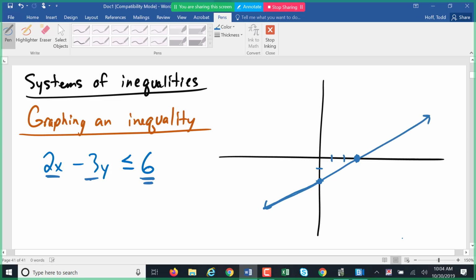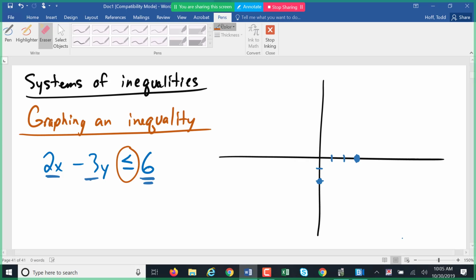And I really should double check the inequality symbol here. Less than or equal to means that numbers that are on the line are part of the solution. What that means is it can be a solid line like I have it drawn in there. Didn't draw it very straight though, so let me try that again.